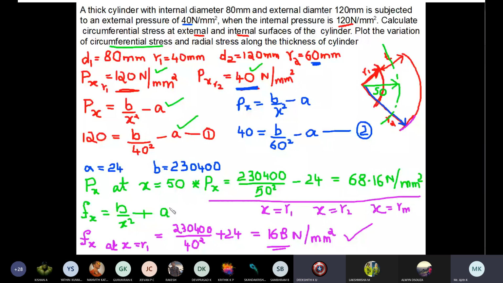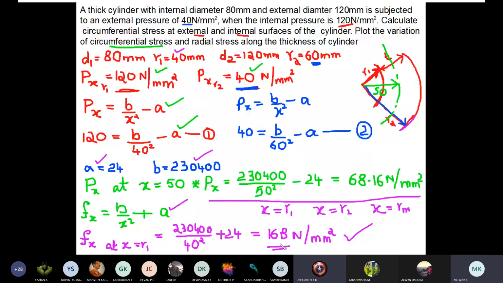The equation to calculate fx is b by x square plus a. The value of a is 24, the value of b is 230.4 into 10 to the power 3. In the first step, we calculate fx at x is equal to R1. Substitute R1 is 40, as given in the question, and you will get fx value 168.